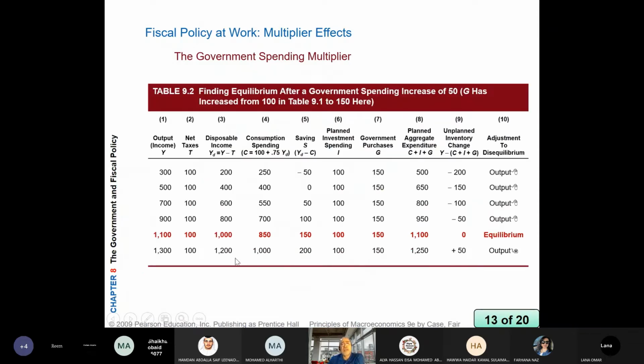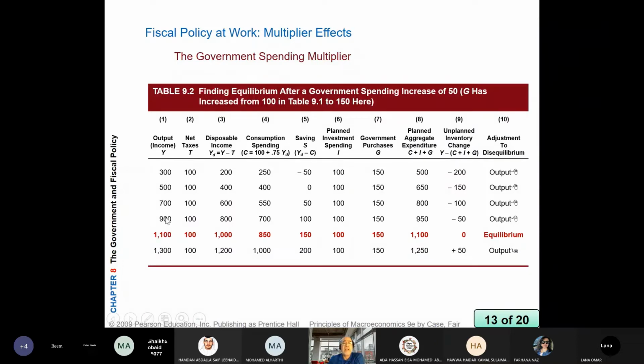Okay, so here we assume the equilibrium level of output is 900. If the government spending increases from 100 to 150, the equilibrium level of output will increase by 200, from 900 to 1100.